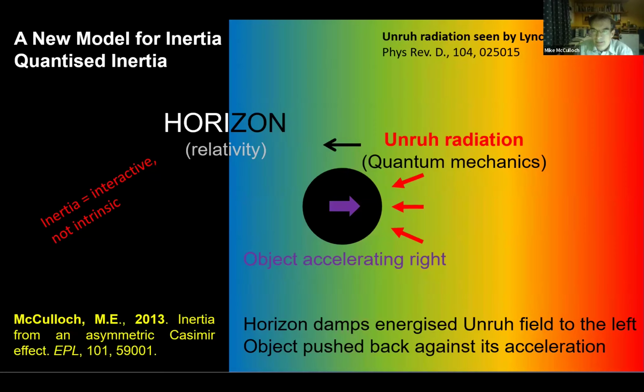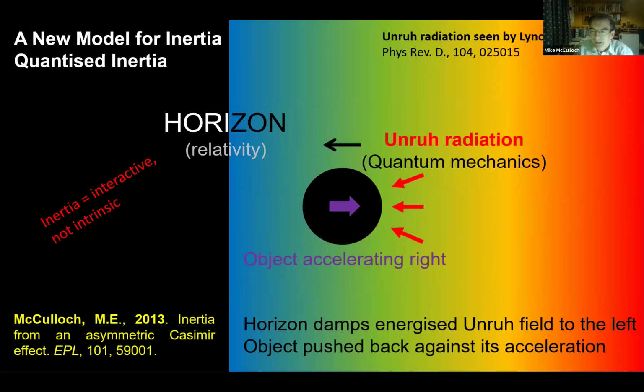And it has recently been seen. When I first started proposing quantized inertia, it had not been seen, but it now has. It was seen in 2021 by Lynch et al. So the paper is referenced here. And he actually emailed me in some excitement to tell me that he'd seen it.